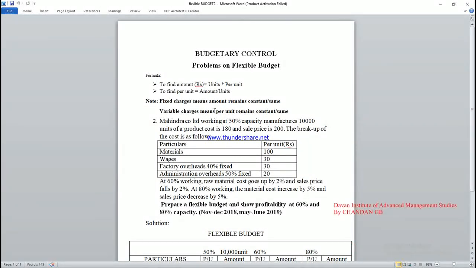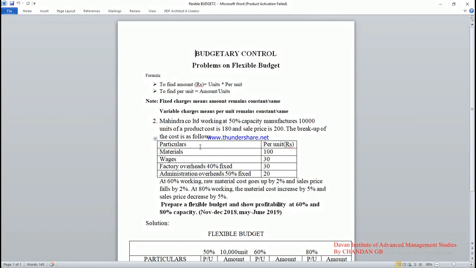The second problem says that Mahindra Company Limited, working at 50% capacity, manufactures 10,000 units of product. The cost is 180 rupees. Out of 50% capacity, it manufactures 10,000 units for the whole year, and the sale price is 200. The breakup of cost is as follows. See, they have given the particulars.